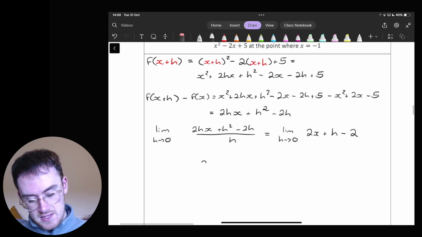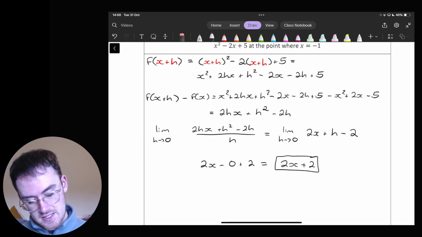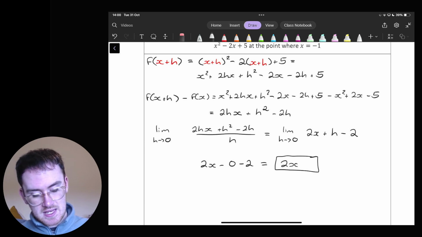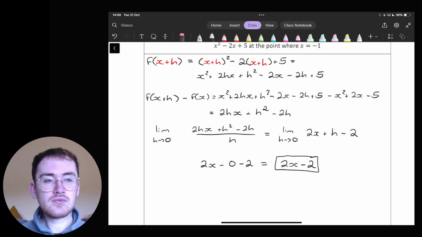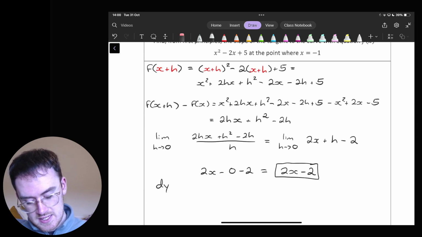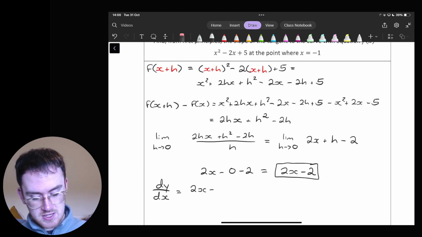Then evaluating my limit gives me 2x plus 0 minus 2, which is just 2x minus 2. So we've now evaluated my derivative. So dy/dx, or f dash x, whichever you want to use, is 2x minus 2.